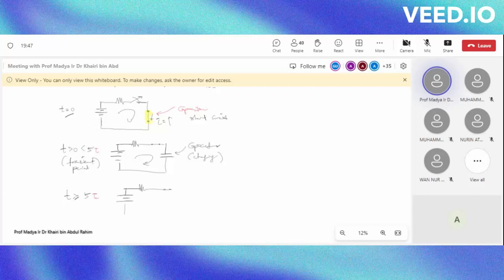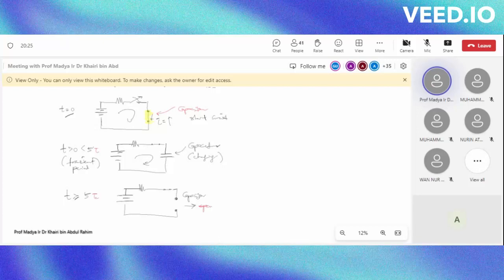So this is the switch. Okay. And capacitor becomes, sorry, not short circuit, sorry. It should be what? Capacitor becomes, everyone, everybody, anybody?